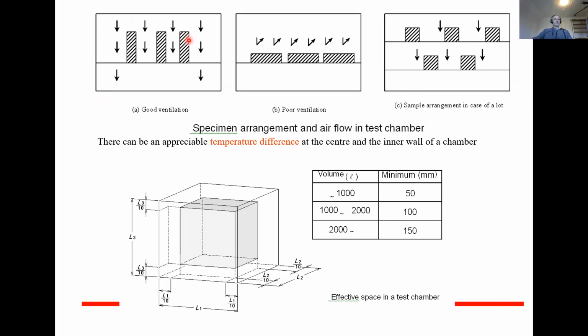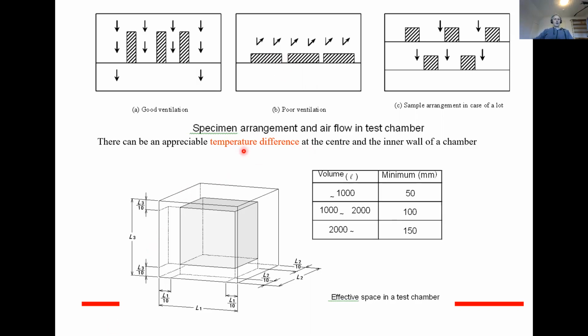So this is a good arrangement. This is not, because there's too small space between the samples. So quite often, instead of placing the samples side by side on a tray or something like that, you hang the samples so that the airflow would be as uniform as possible.